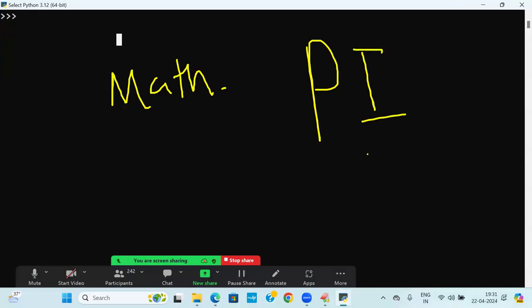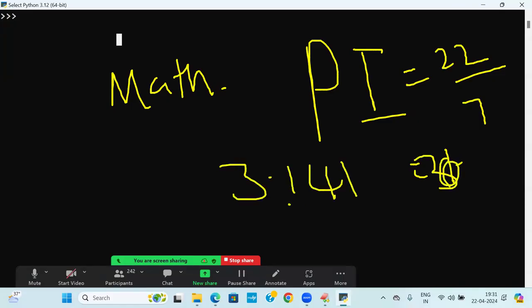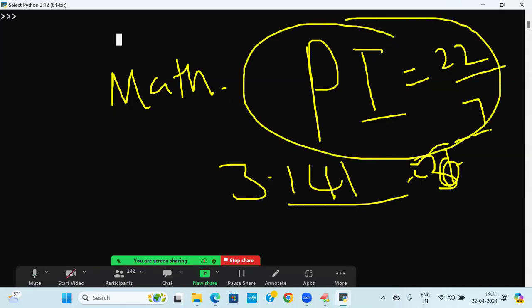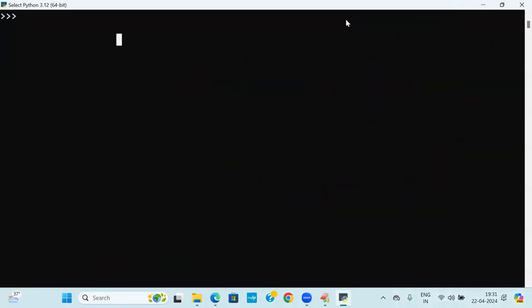Have you heard about pi value? Whether you are Indian or from the USA or any student, mathematically, pi is equal to what? 22 by 7. Is it not 3.141 etc.? Some big number will come or not? Is it a constant value for everybody or not? Such a constant value, you need not take on your own by putting in efforts. They are telling, we are giving the common values in modules itself. Getting or not?